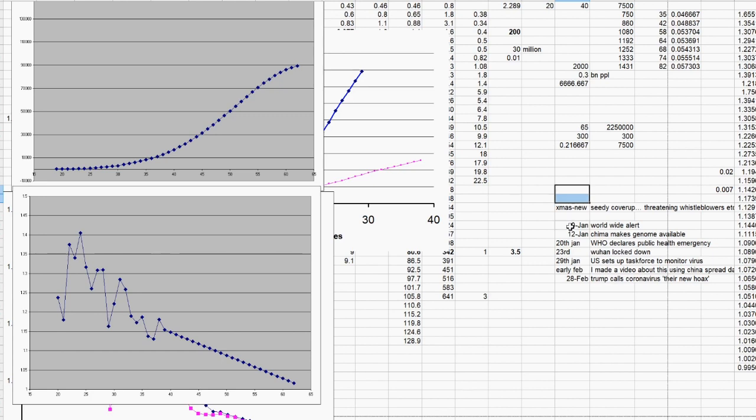And so by the 9th of January, after this, China is actually pretty transparent about what's going on. So on the 9th of January, the WHO issues a worldwide alert. On the 12th of January, China actually makes the entire genome of the virus publicly available, right?